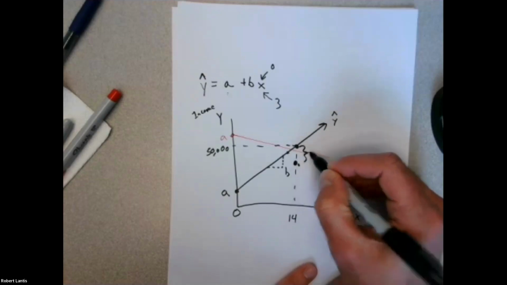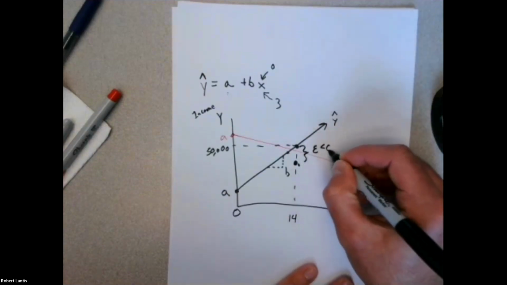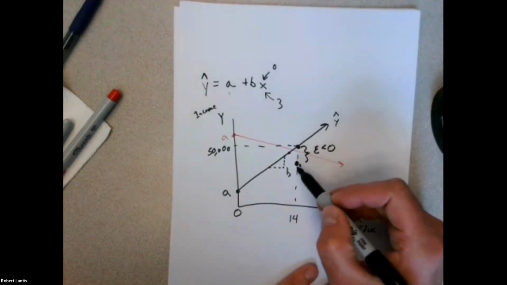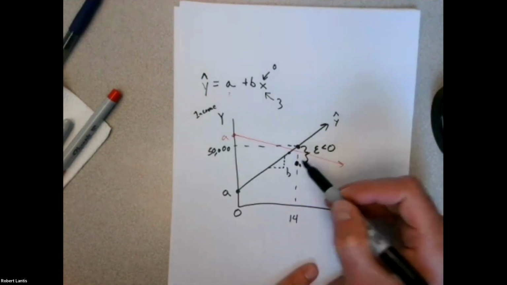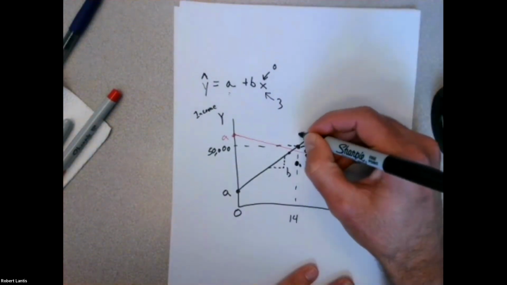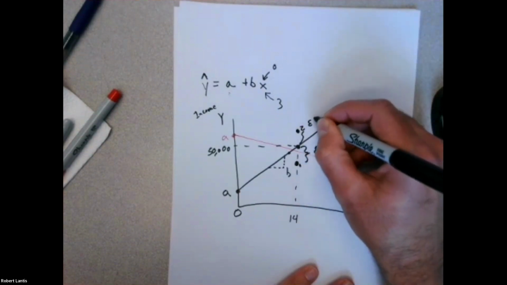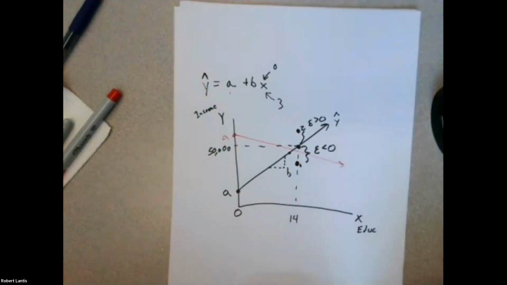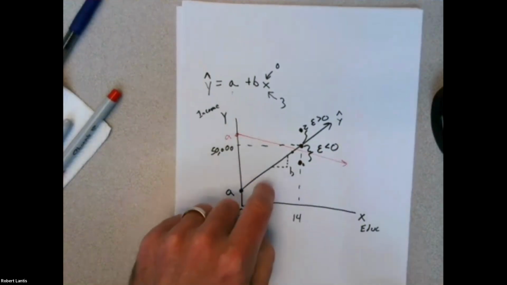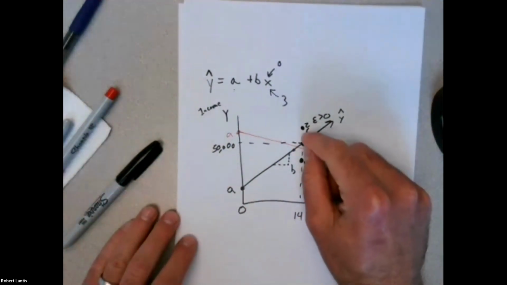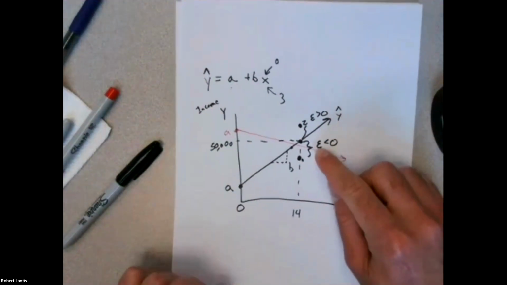For this person, there would be an error term that's negative, right? We would predict their income to be 50,000. In fact, it's a little bit less. And for maybe somebody else, maybe they have 14 years of education and their income is a little bit higher, or their error term is positive. So the difference between this line of best fit, this least squares line, and our predicted Y values and the actual Y values in the observation, that's just our error term.